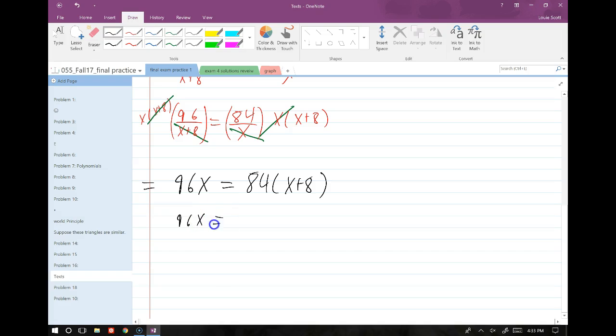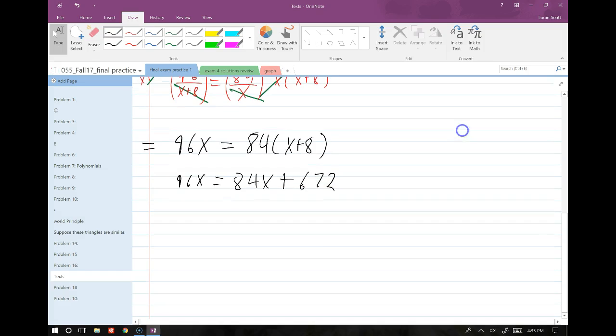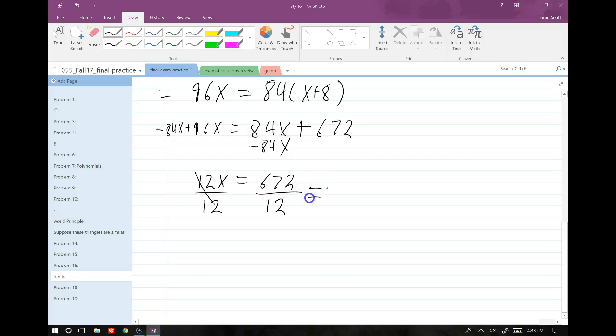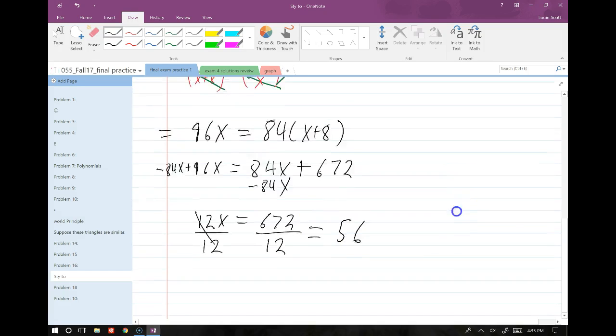Now I'm just going to distribute on the right side, which gives me 84x plus 672. Now I want to isolate my x's, so I'm going to subtract 84x from both sides, and I get 12x equals 672. If I divide both sides by 12, I get 56.